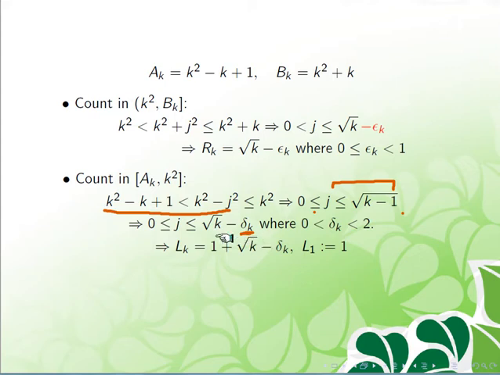However, I didn't subtract it from square root of k minus 1. I subtract from square root of k. The reason is so that I can compare the count in the left side and the count in the right side, playing with the same magnitude, root k and root k there, so I don't have to deal with square root of k minus 1.